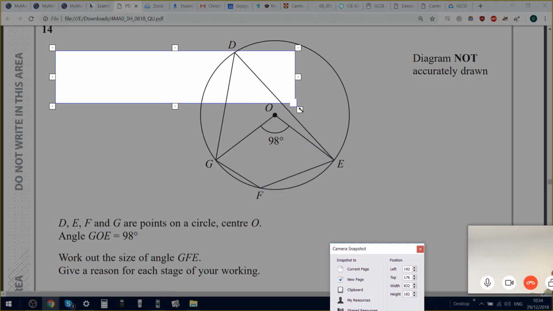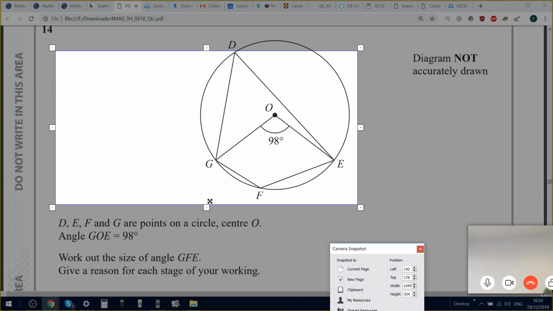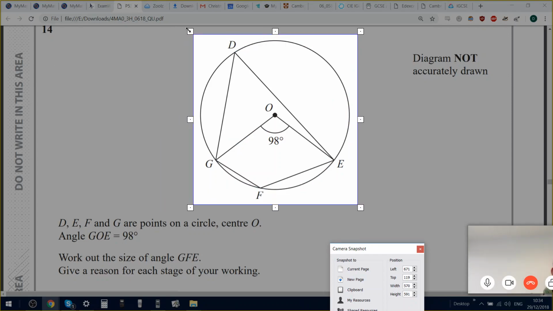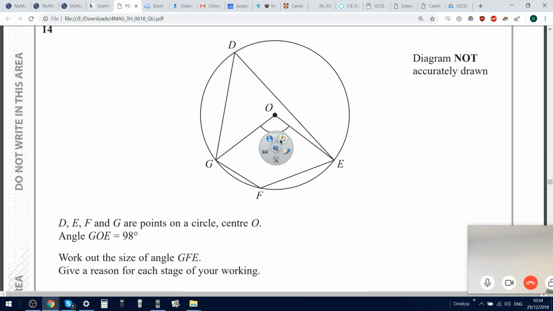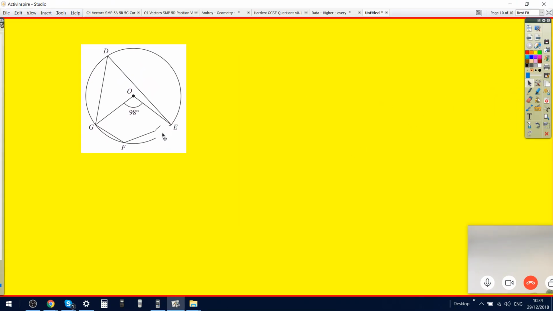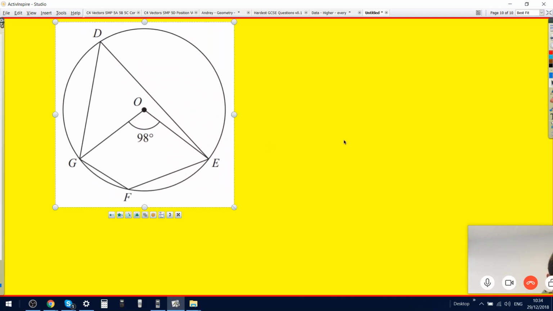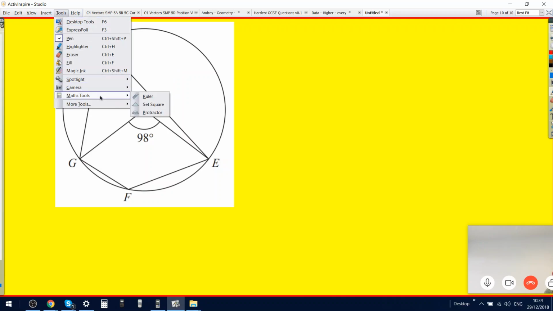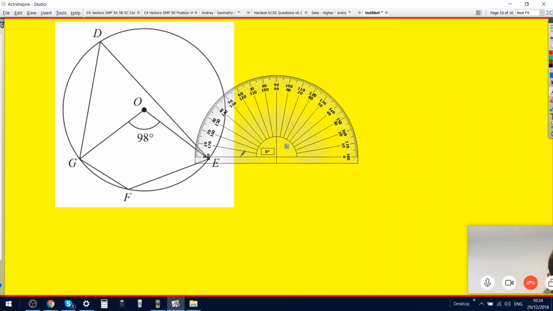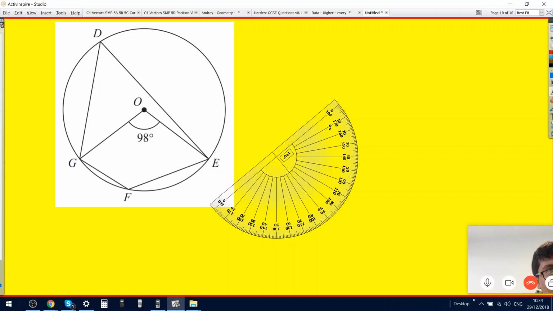I'll draw that as well. So they want the actual angle of GFE.